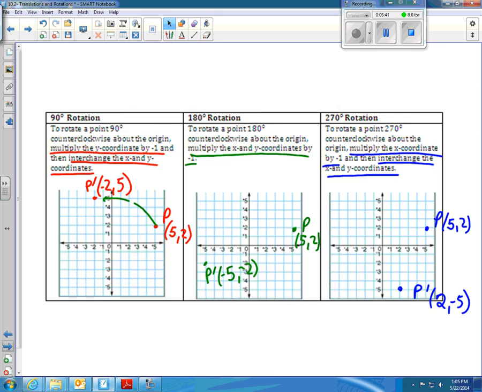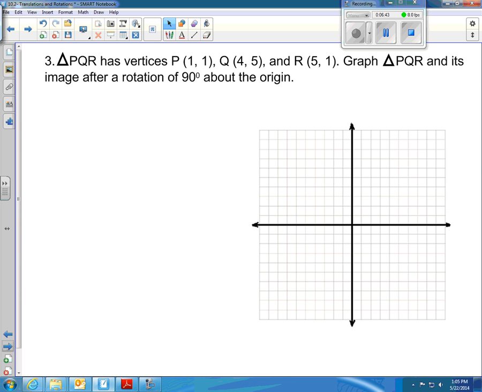All right. Let's use those and come up with some rotations. They give us our original triangle. We're going to graph it, and then we're going to have a 90-degree rotation. So go ahead and graph the original one, and that is P at (1, 2), Q at (4, 5), and then our R is at (5, 1).